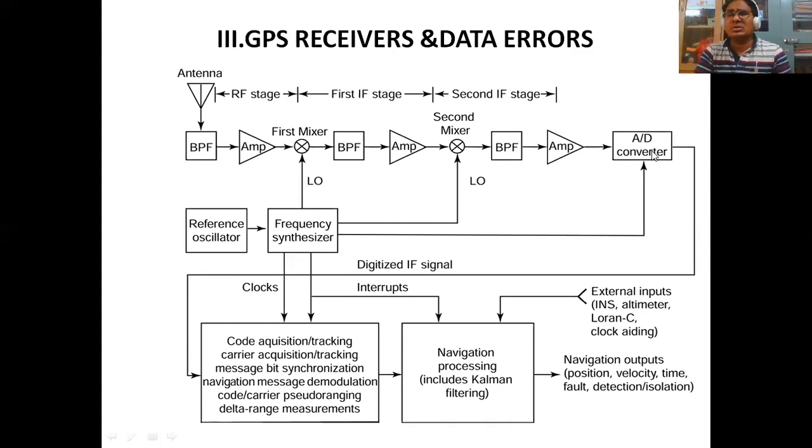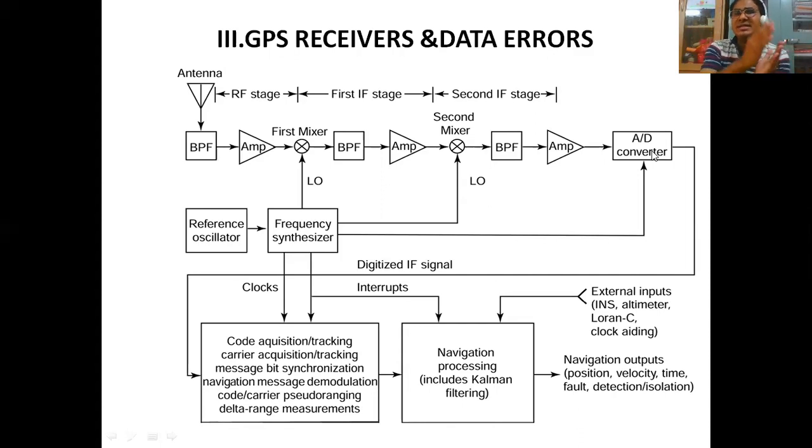The processing will become more complex. So before feeding it to the A to D converter, the frequency down conversion is done. Of course, that is the case in any conventional receiver. And the frequency down conversion is done in 2 stages.